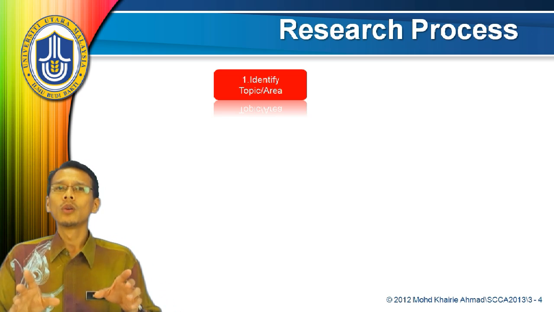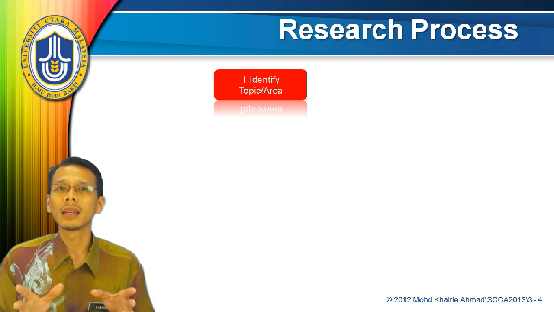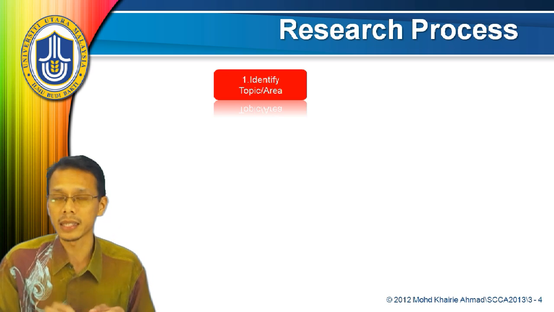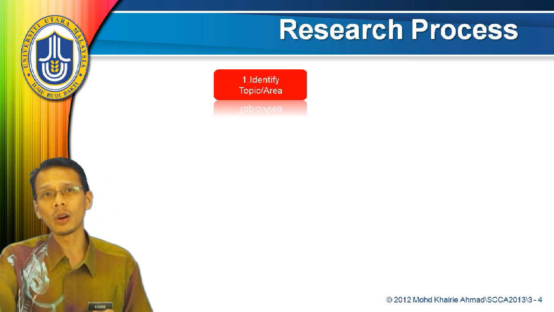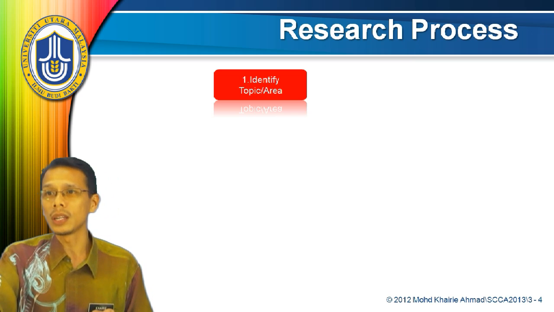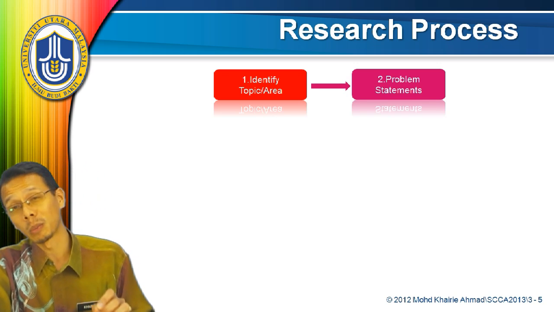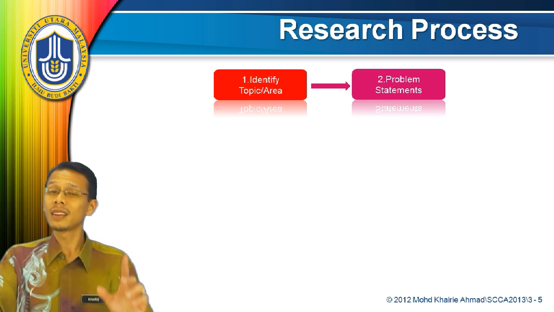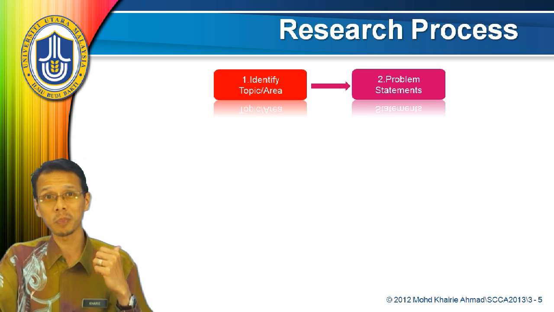Okay, so a research must start with something very focused that we want to understand. Once we identify a topic, the second step is to identify the problem statements. What is a problem statement? Go back to our last topic, the second topic.